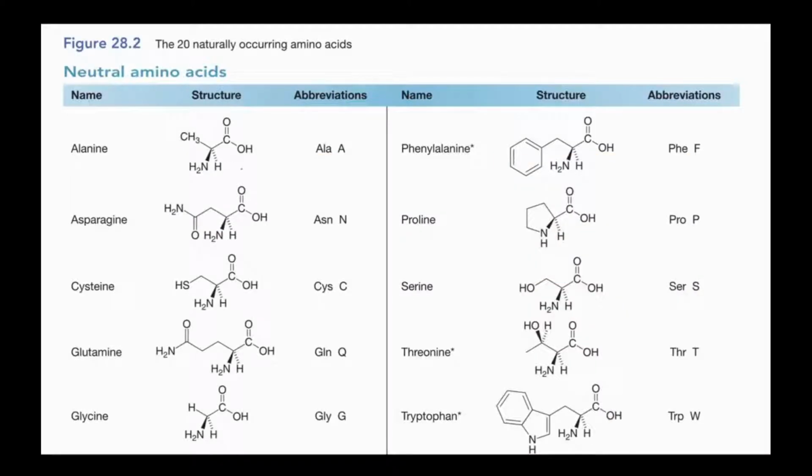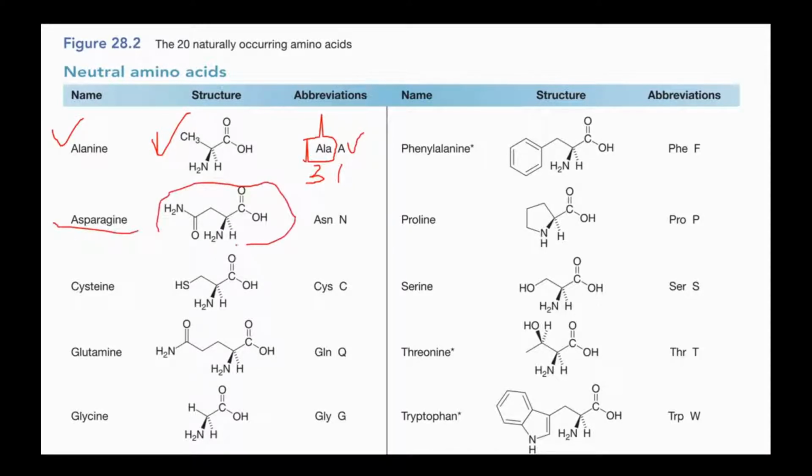These are the structures and the 1-letter and 3-letter codes of the amino acids with their full names. For example, this is alanine. This is the structure of alanine. ALA is the 3-letter code, and this is the 1-letter code, which is A. Similarly, this is asparagine.